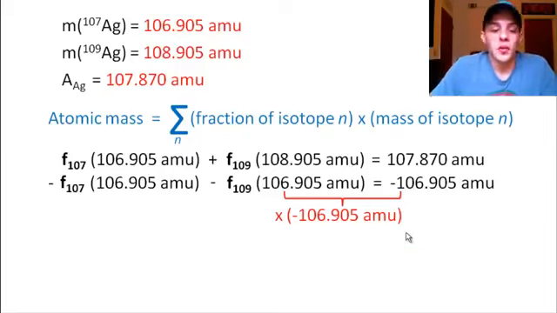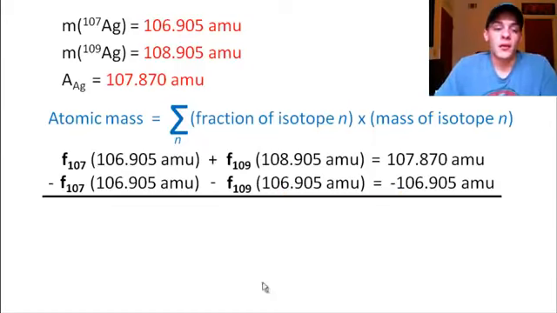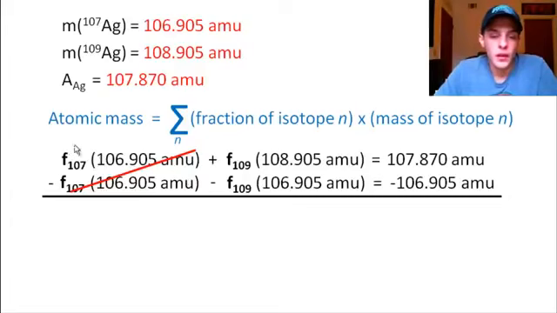So you may be asking yourself, well, why did I choose this term? Well, the reason why I chose this term is so that when we add the equations together, the F107 terms, the fraction of silver 107 terms, are going to cancel out when we add them, right? So we're adding the two equations. This variable cancels out. We're left with one variable and one constant.